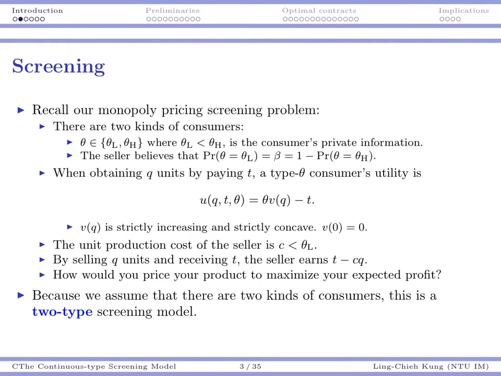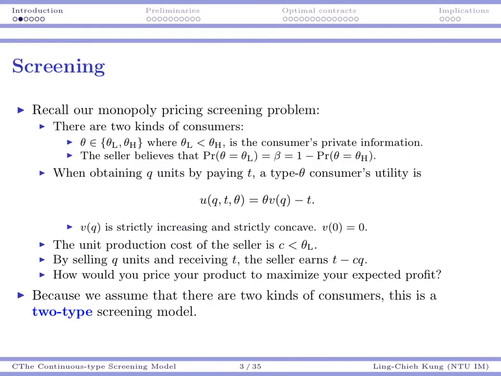Okay, so recall that we introduced the monopoly pricing screening problem to you with two kinds of consumers. We assumed that consumers have a private type theta, which may be theta low or theta high, and theta low means the consumer is not so willing to pay for this product. The seller believes that there is a distribution for theta.